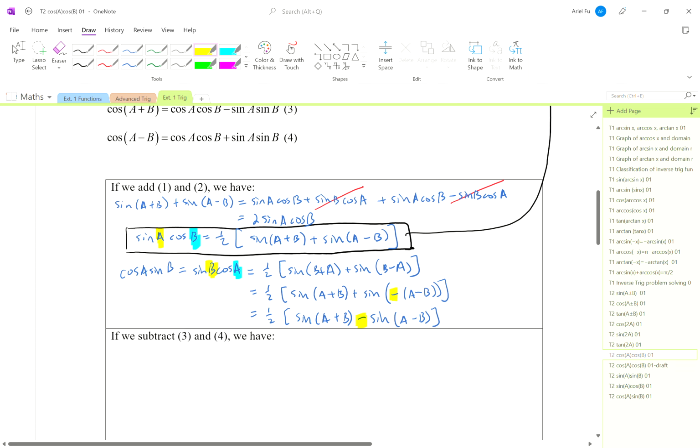Why is that the case? Well, if you think about a sine function, sine graphs look like this. If I rotate it 180 degrees, I'm going to obtain itself again. That is the definition of an odd function, because sine functions are odd functions.